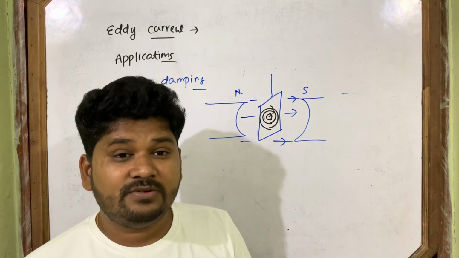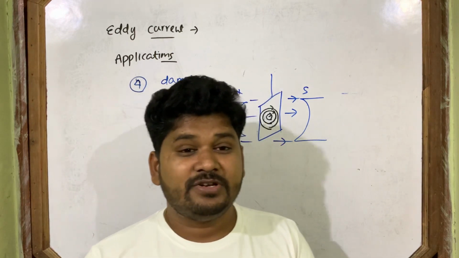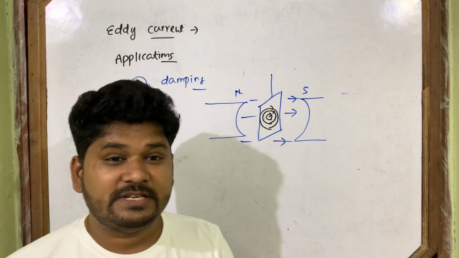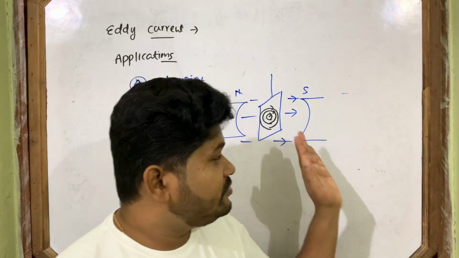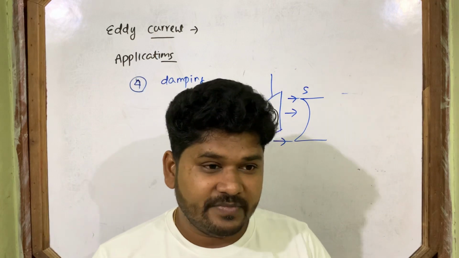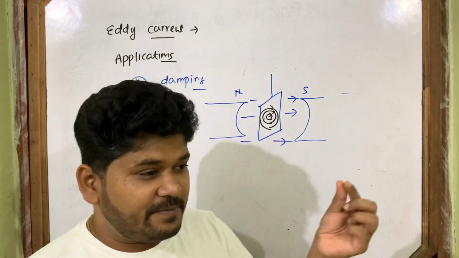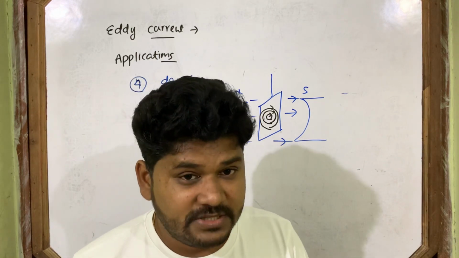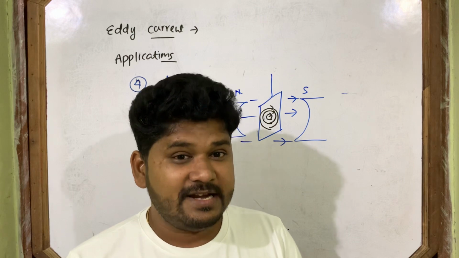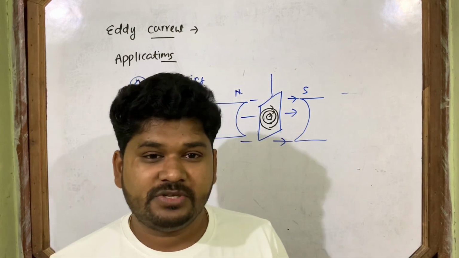It will not allow the copper plate to oscillate, so the copper plate immediately comes to rest. Without a magnet, if you oscillate it once, you will see it oscillates for more time. But with the magnet, if you oscillate it, it immediately comes to rest because eddy current opposes its cause, and the cause is oscillation.